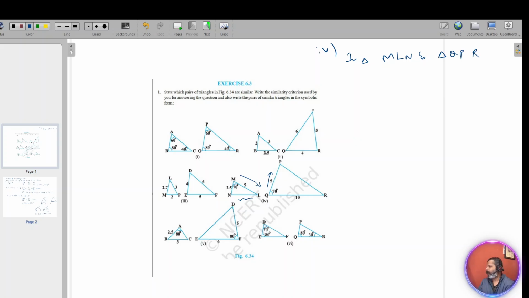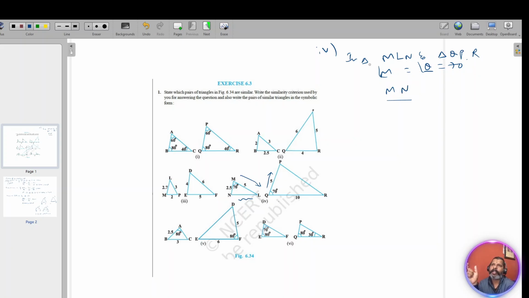Okay, MLN and QPR. Now you get the values. M is equal to Q is equal to 70. One angle is equal, right? Angle M and angle Q are 70. Then take MN is 2.5, right? Once you write the corresponding triangles, MN is 2.5 here.